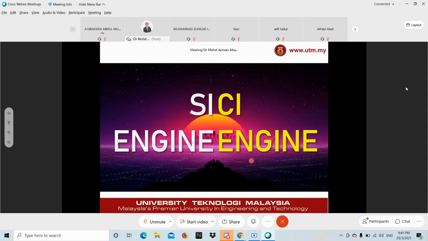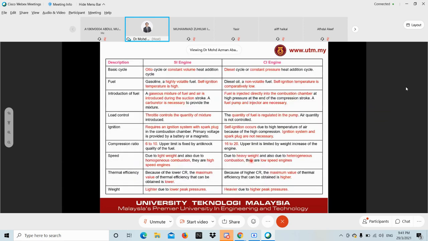So next is basically the differences between SI engine and also CI engine. We are approaching the end of this lecture today. Again, there are differences between SI and CI in many areas, such as basic cycle, and differences in terms of fuel, load, ignition, compression ratio, speed, thermal efficiency, weight. Again, this is a very common question in your test and also exam.